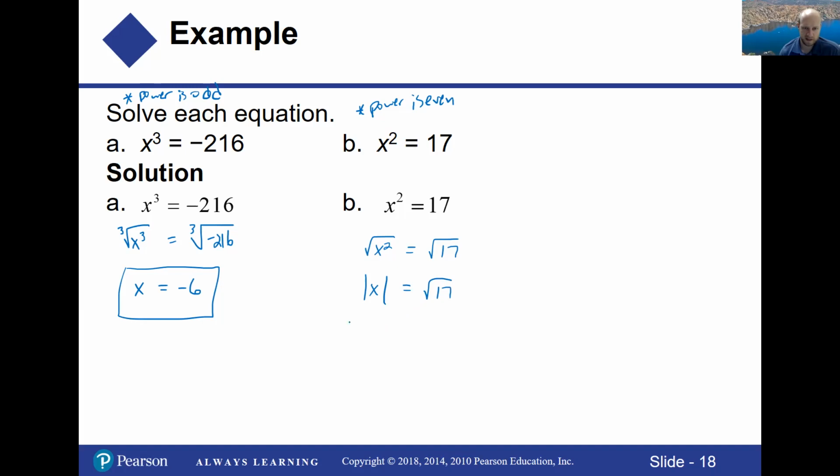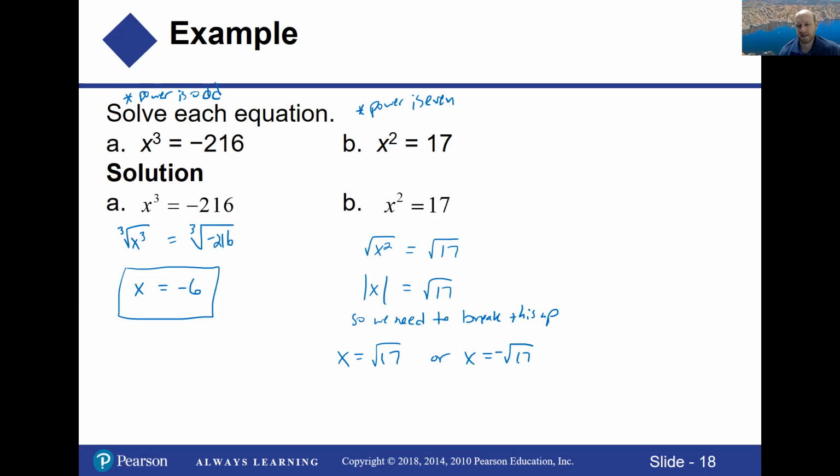So we have to break this up, into x equals the square root of 17 or x equals negative square root of 17.